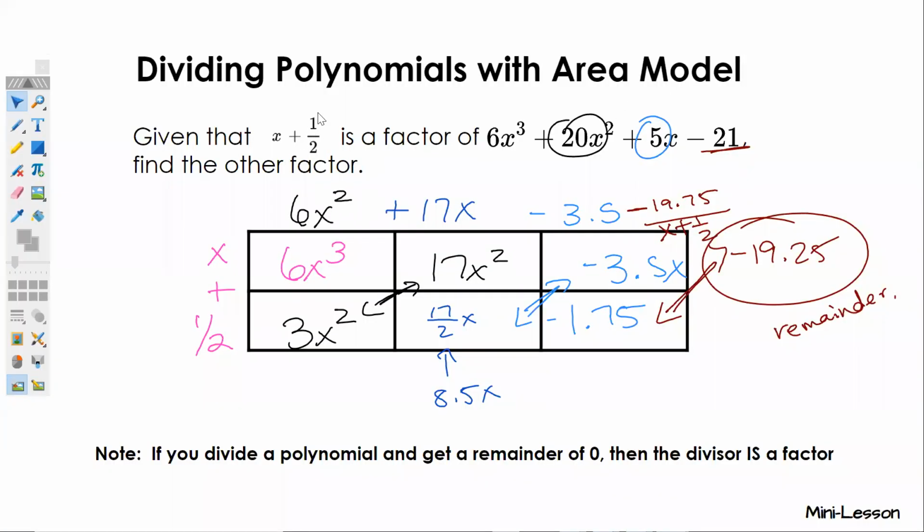The final answer would be 6x to the second power plus 17x minus 3.5 minus 19.75 over x plus 1/2. You just leave it like that.